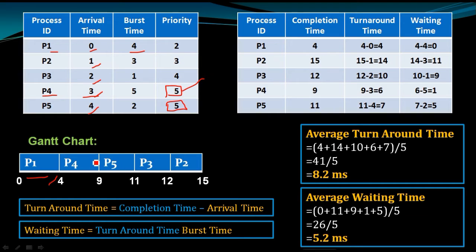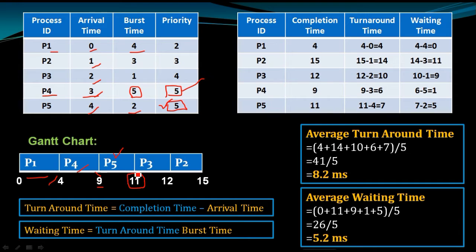Now P4 will execute for 5 milliseconds, complete its CPU burst time and release at 9 millisecond. Thereafter, the next higher priority process is P5, which occupies the CPU for 2 milliseconds and releases at 11 millisecond.